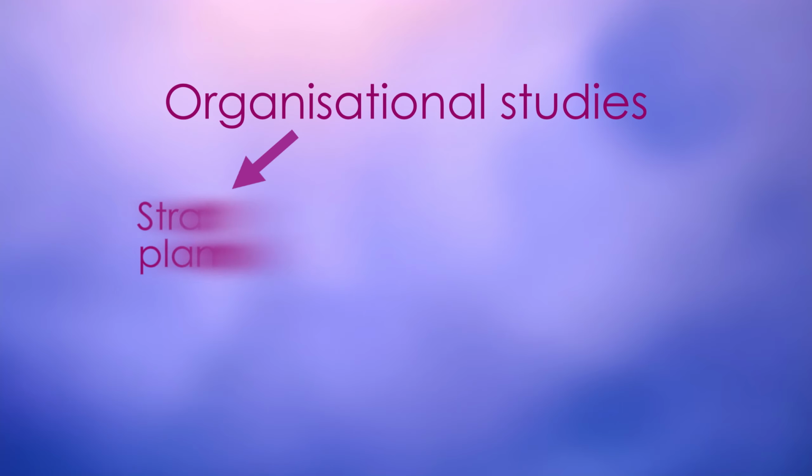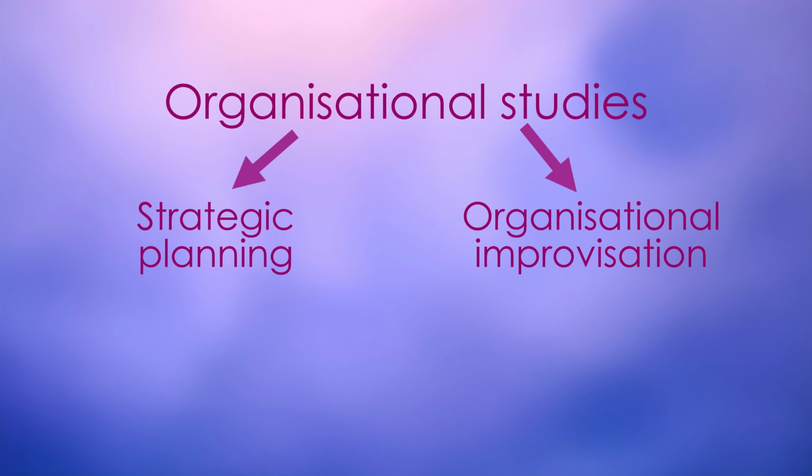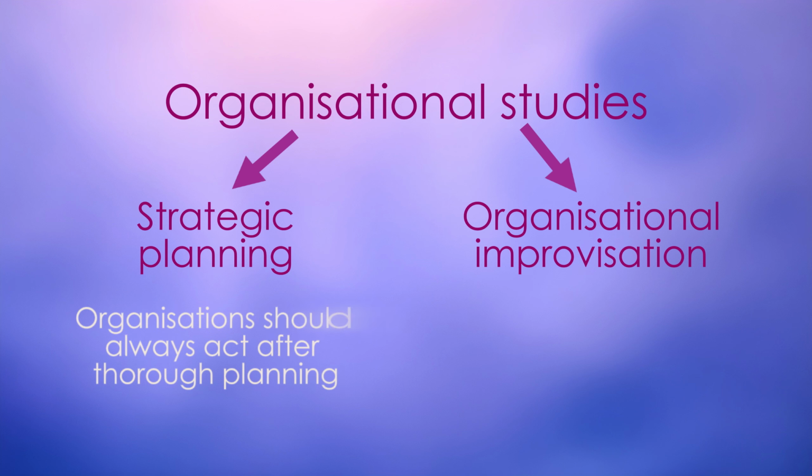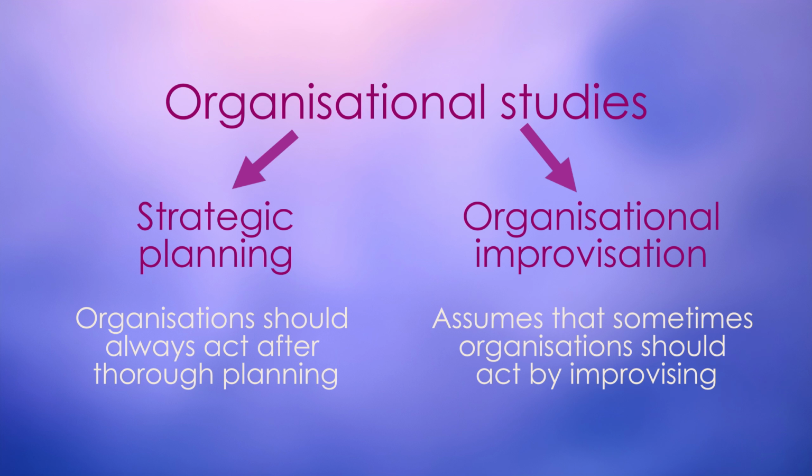For example, in organizational studies, strategic planning and organizational improvisation offer distinct perspectives on organizational activity, and this influences how researchers approach the study of how organizations interact with the external environment. The strategic planning approach argues that organizations should always act after thorough planning, while organizational improvisation assumes that sometimes organizations should act by improvising.